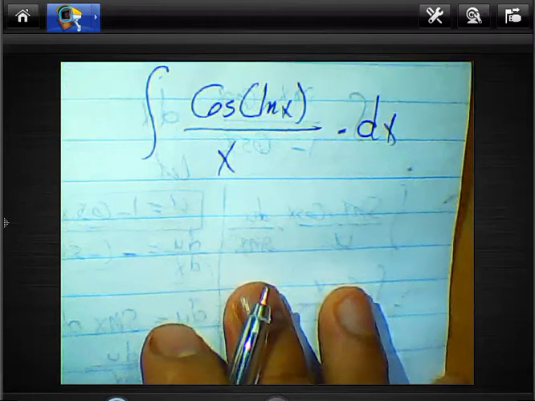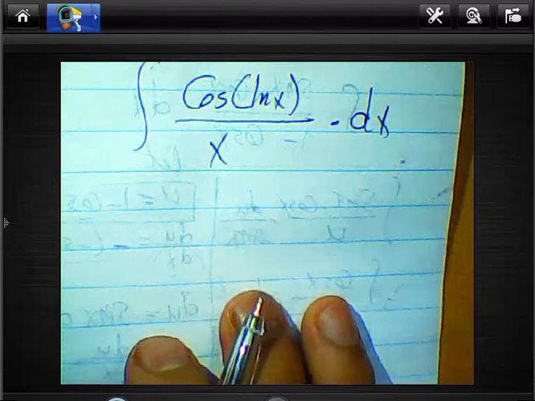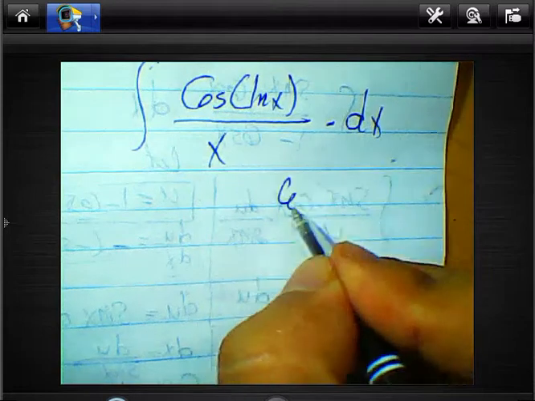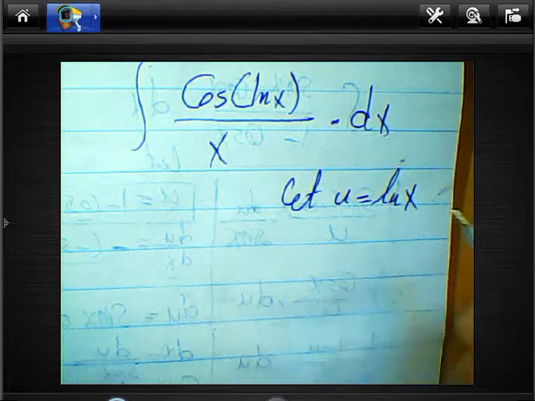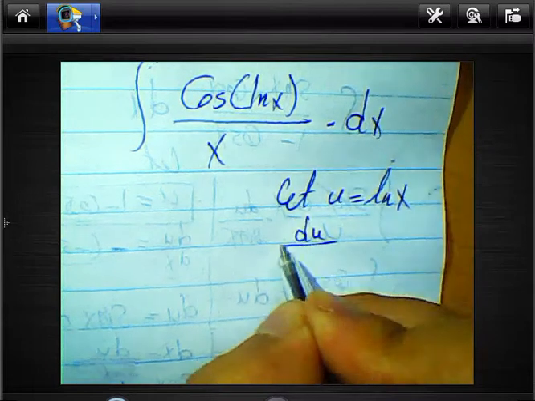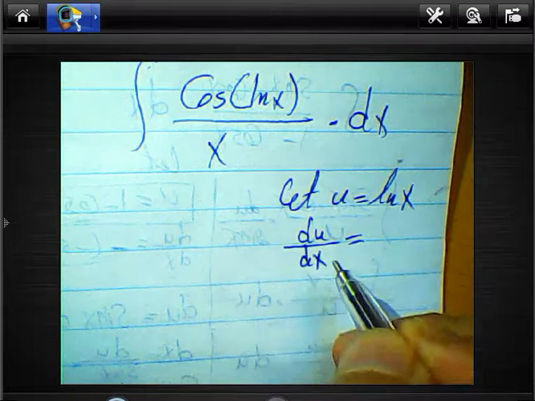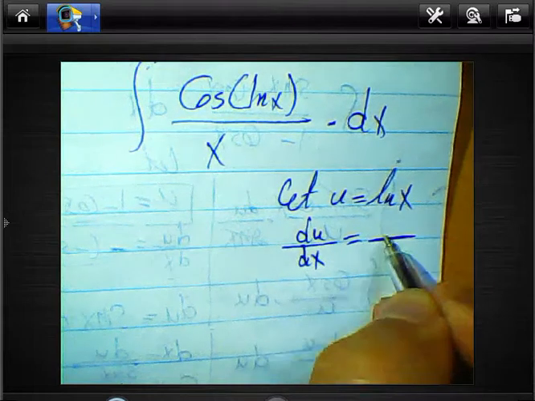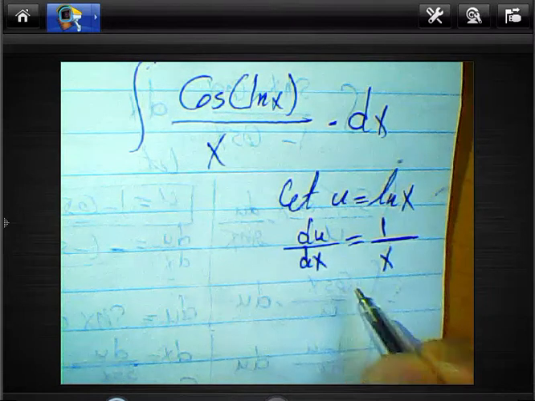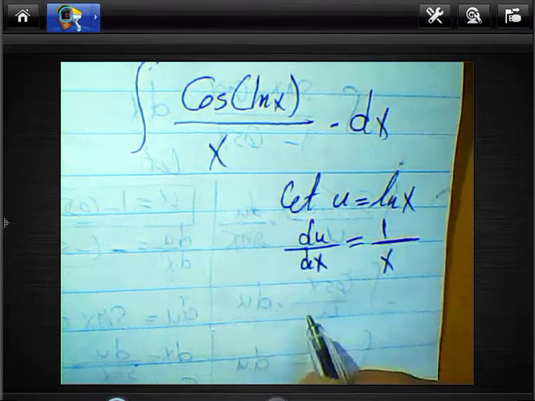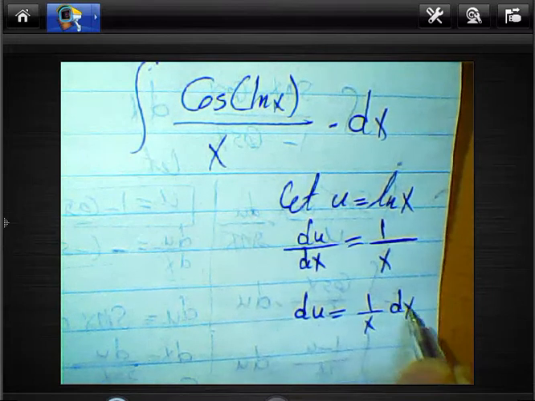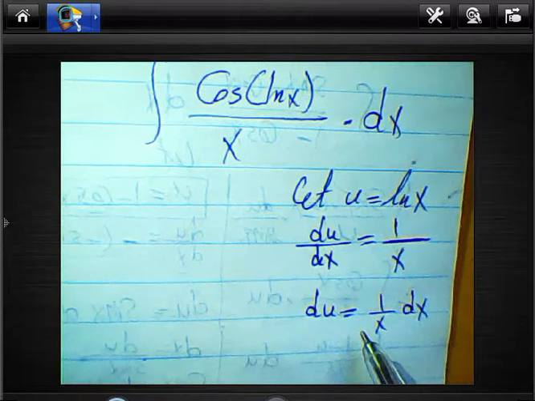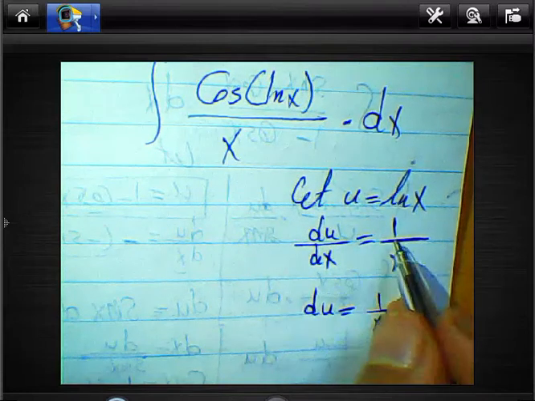Can you solve this example? We must put u equal ln x. Okay, let u equal ln x, and the derivative du over dx equal the derivative of ln x, 1 over x. So we can write du equal 1 over x dx, and we know dx equal what?